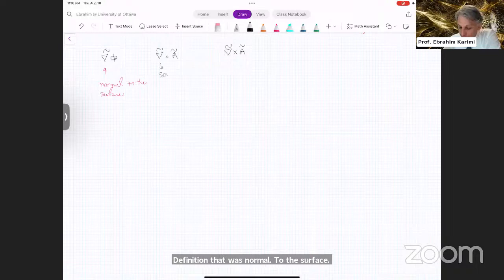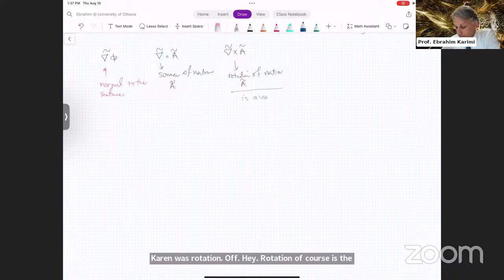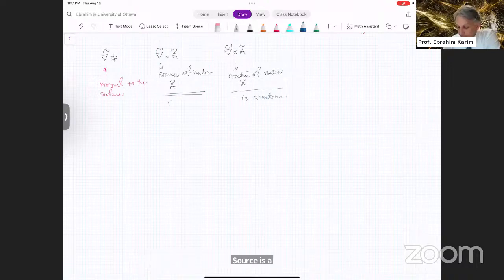Divergence was a source of vector A. Curl was the rotation of vector A. Rotation, of course, is a vector. Source is a scalar. Good?